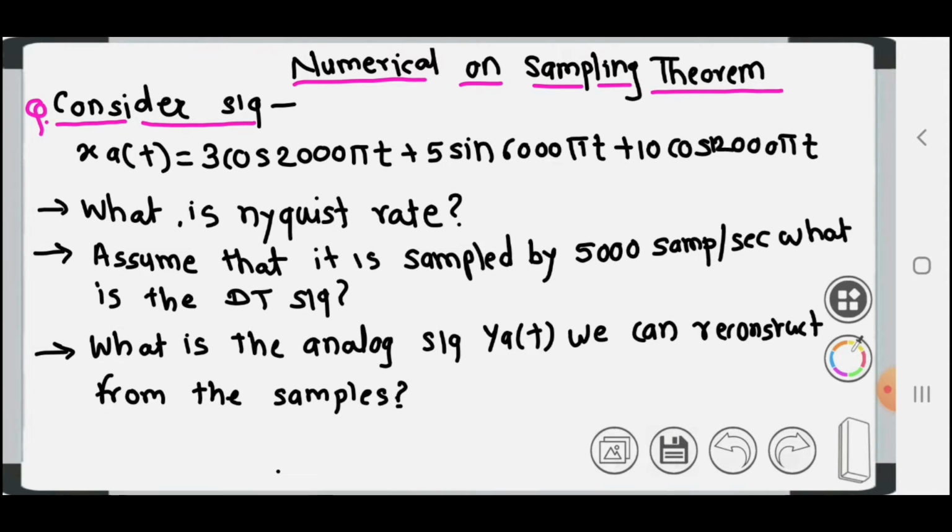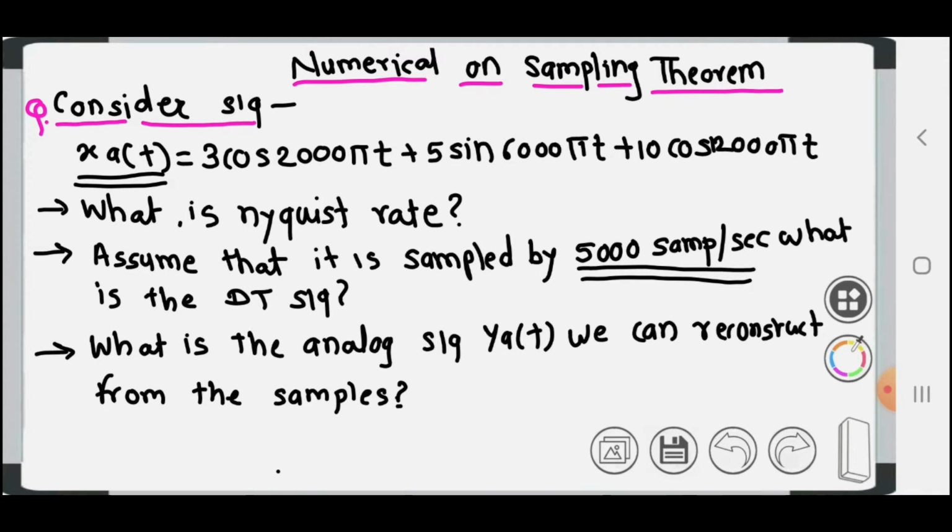So they have given xa of t, that is the original analog signal. From this signal we have to find out the ideal Nyquist rate. Then they have given us the sampling frequency by which we have to sample that signal. When you sample any analog signal, it gets converted into a discrete time signal.